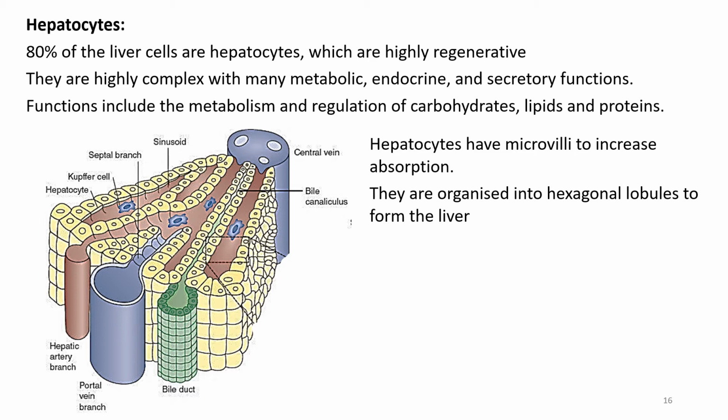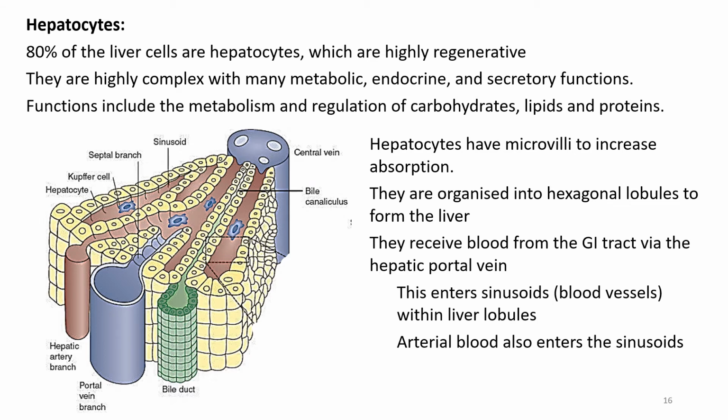But this blood supply, the arterial and the portal blood, then drains to the central vein down these little channels that are like blood vessels, basically. They're lined with endothelium still, called sinusoids. That drains into the central vein, and then ultimately will go off back to the heart via the inferior vena cava.